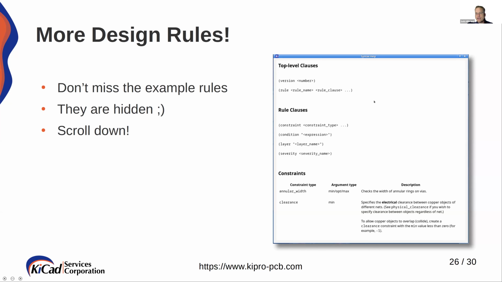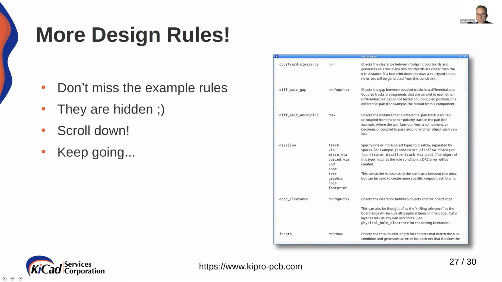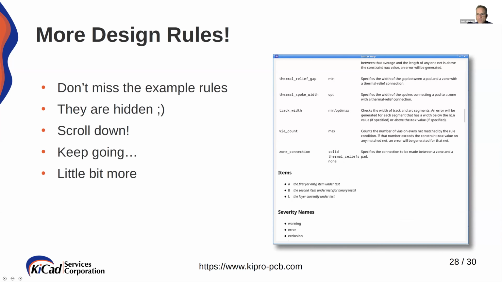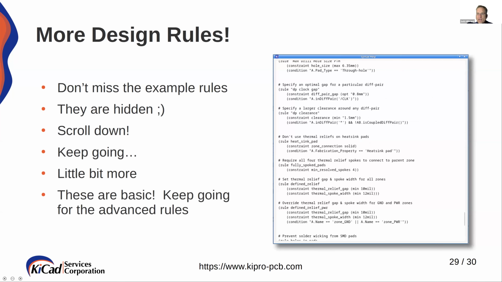So in the beginning, on the top of the syntax help, we have the top clauses, the rule clauses, constraints, conditions. If you want examples, you have to scroll down. So let's scroll down. Keep going. A little bit more. There we go. Basic rules.